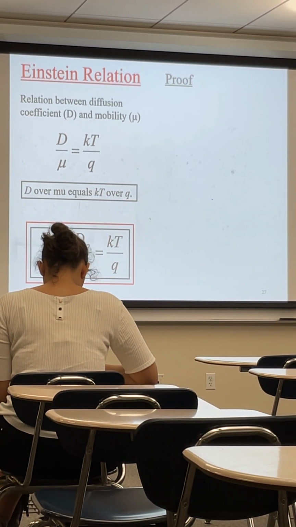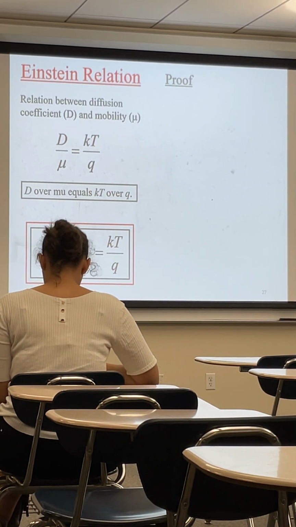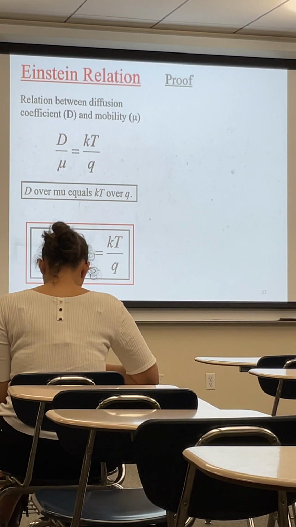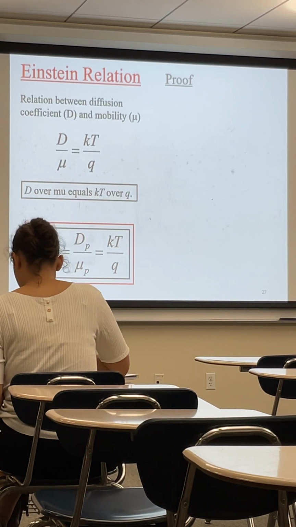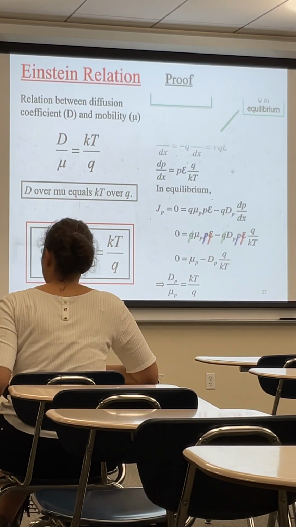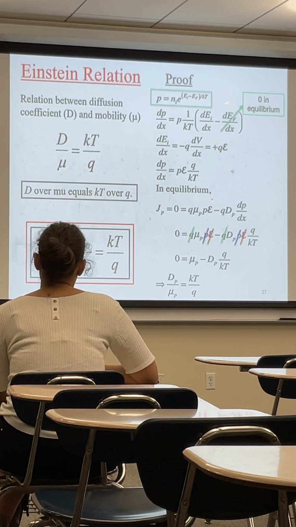Okay, so now I would like to show you how to prove this. To prove this equation, we need to use the carrier density expression we have learned before. So we want to start with this equation.